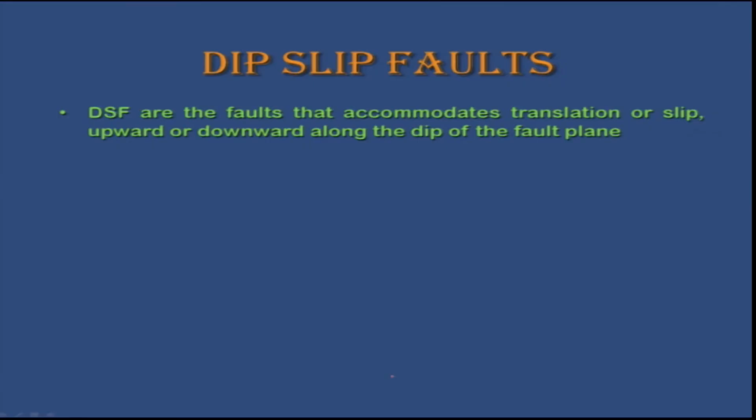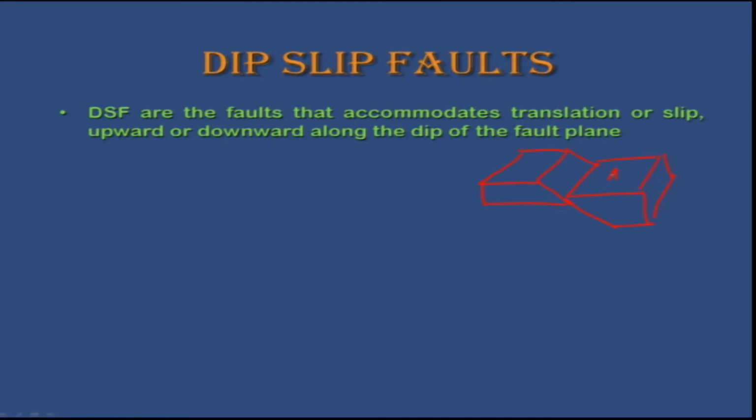Dip slip faults again are the faults that accommodate translation or slip upward or downward along the dip of the fault plane. So either the block has moved up or the block has moved down. Okay. So in short, if I sketch here very quickly, this is the fault plane, and one block has moved down with respect to the other one. So you have this block which has moved down.